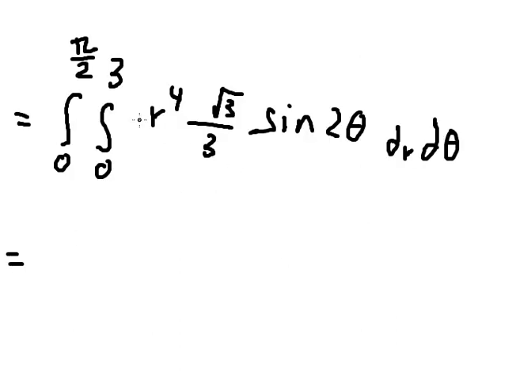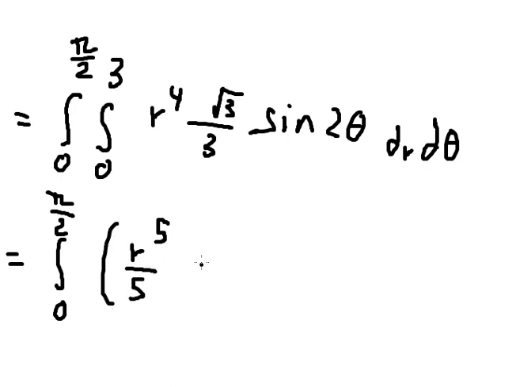The integration of r to the power of 4, we have r to the power of 5 over 5, and we put the bounds from 0 to number 3.